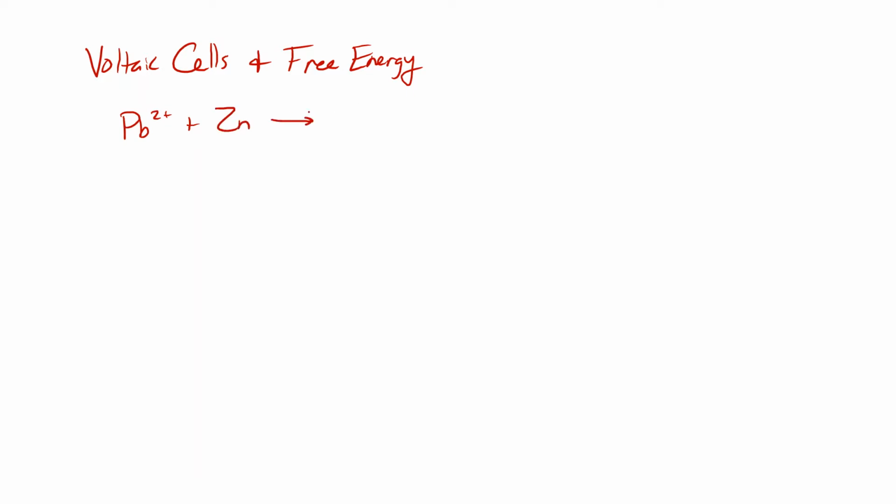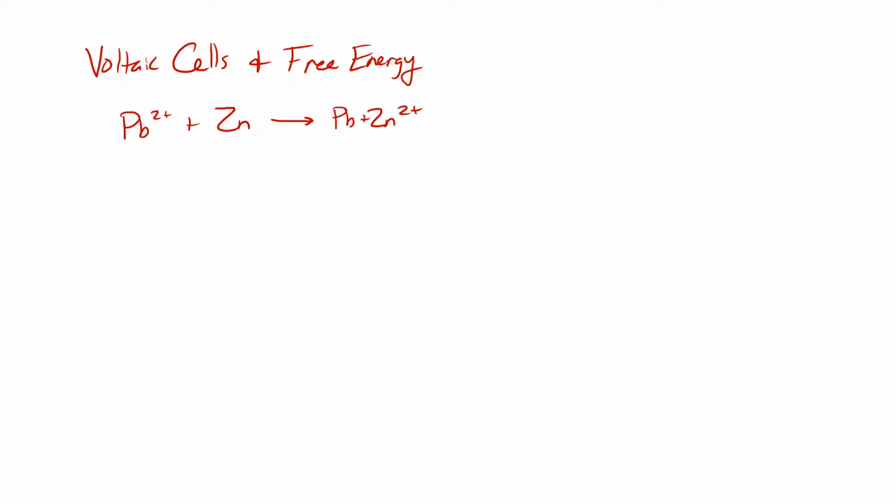Okay, so let's take our voltaic cell example. Voltaic cells and free energy. Let's take a voltaic cell where we combine lead and zinc. Again, we're going to choose a pretty straightforward voltaic cell because this is the first example that we're really going to look at.